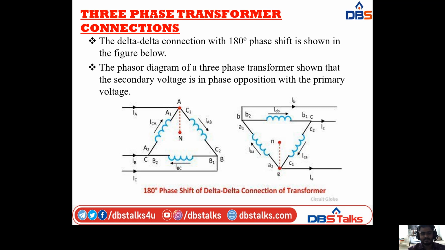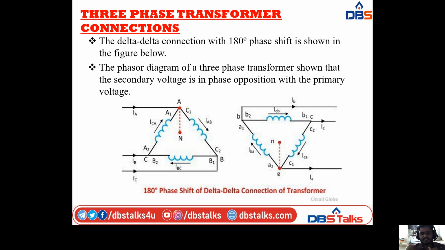Here this is the primary connection, which is actually in the delta to delta connection. The delta to delta connection with 180 degree phase shift is shown in the diagram. On the left side we have the normal diagram, and on the secondary side we have the reversed one, that is the 180 degree phase shift.